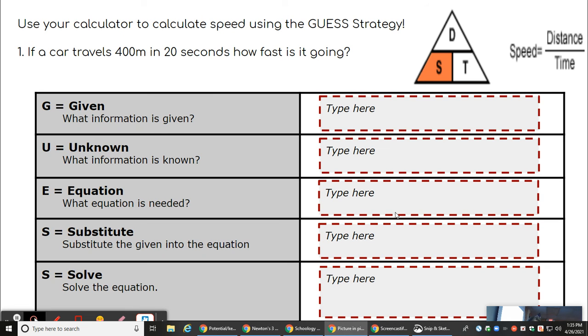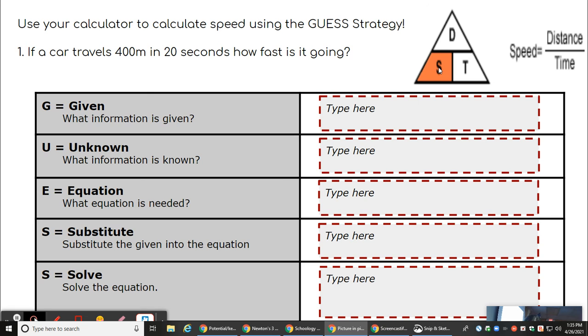Okay, so we're going to use a calculator to calculate speed using the GUESS strategy. So our formula is average speed equals distance divided by time. So using our formula triangle, you would place these variables just as they read: distance divided by time, and then there's your speed.